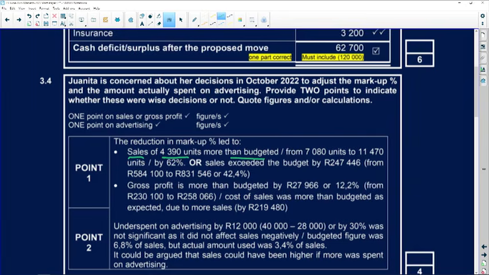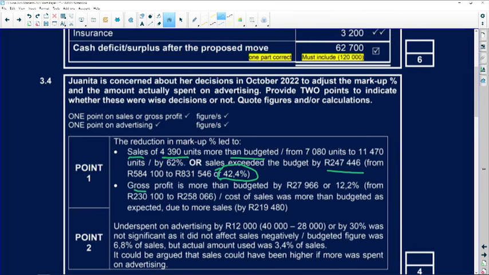Or you can say sales exceeded the budget by 247,446 Rand. Or, as I said, you can work out the percentage, which was 42.4% higher than what was budgeted for. So this shows that she shouldn't be concerned.